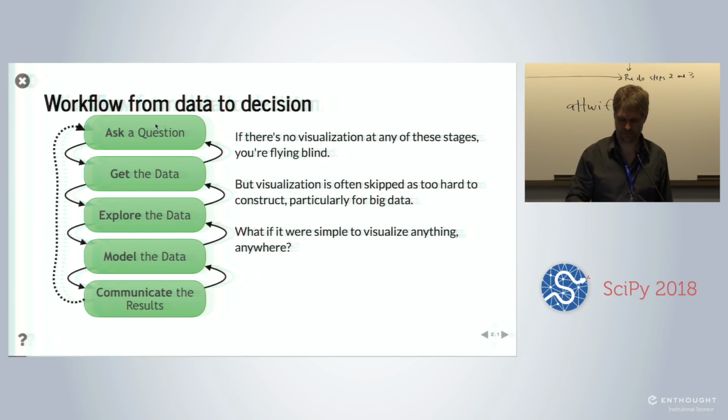And then potentially modeling the data, in which case you need to visualize what the output of your model is. And then communicate. You need to be able to share it with somebody else, and often that is visualization as well. So basically all the last three stages here are highly visualization based, but a lot of people postpone the visualization because it's hard, it's annoying, you have to write a lot of code or do a lot of manual steps. I'll do that later.